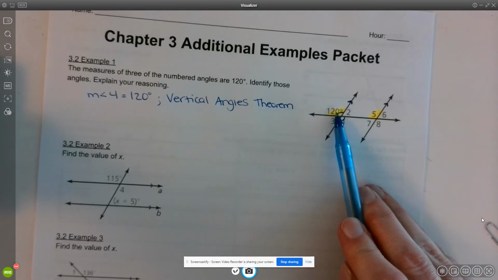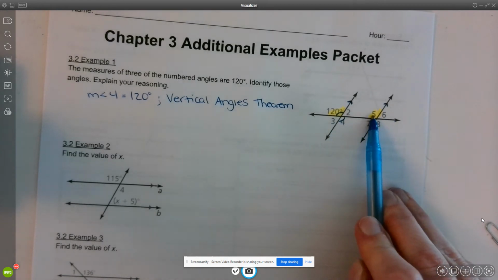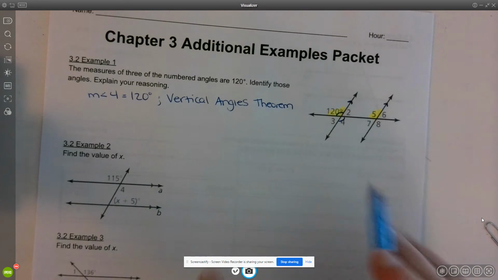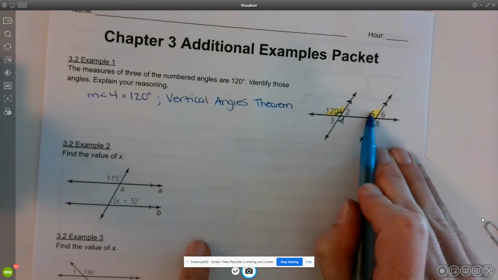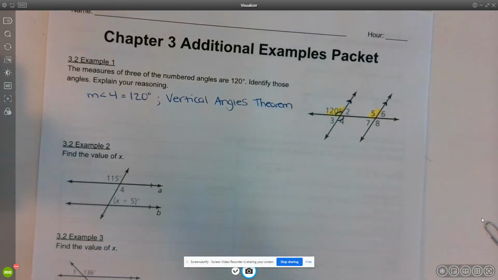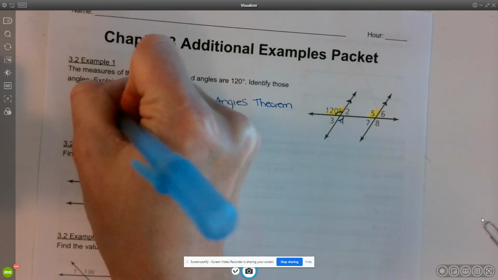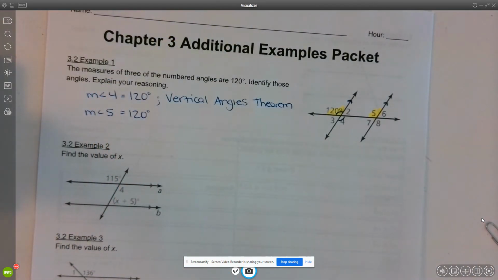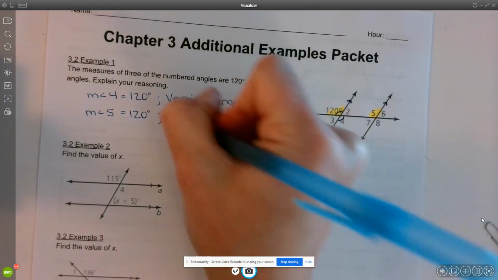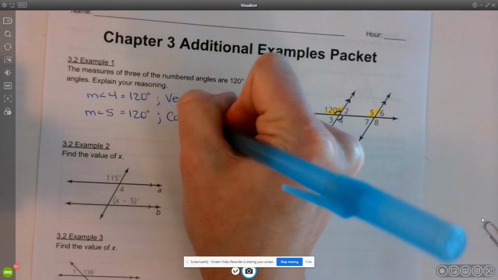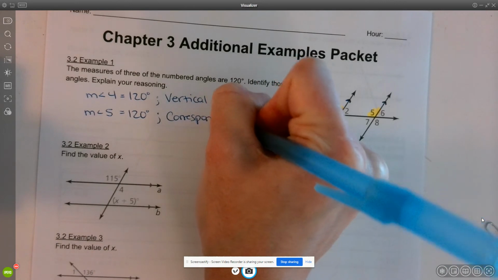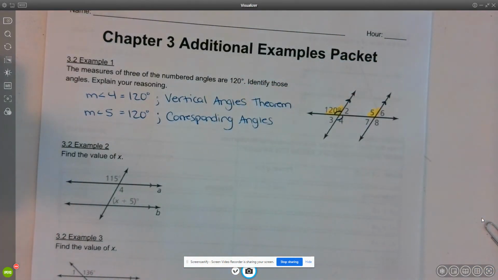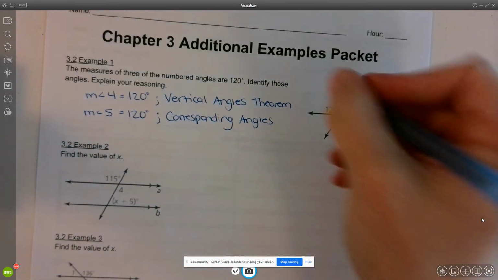That means this angle and angle 5 are corresponding angles. And what we know is that when lines are parallel, corresponding angles are congruent. So we know the measure of angle 5 is also 120 degrees. And that's by the corresponding angles theorem.